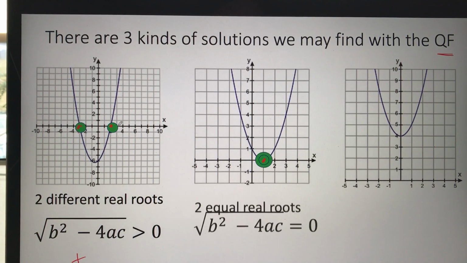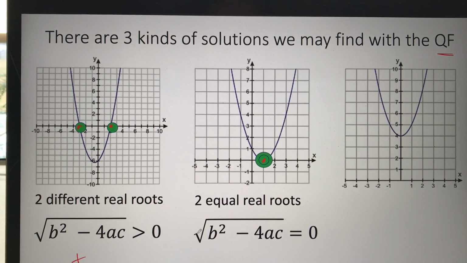The second case is where b squared minus 4ac equals 0, which means it drops off from our expression. We add 0 and subtract 0, which doesn't make a difference. So we get two equal real roots: there are two roots, but it's the same number because we're adding 0. We classify that as two equal real roots.